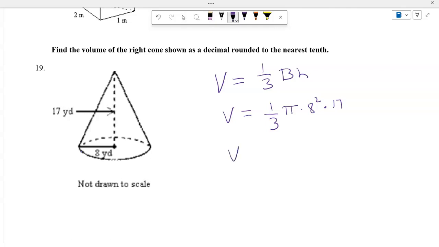Your volume will be, and you round up to the nearest tenth, I got 1,139.35. So the volume will be 1,139.4 cubic yards.